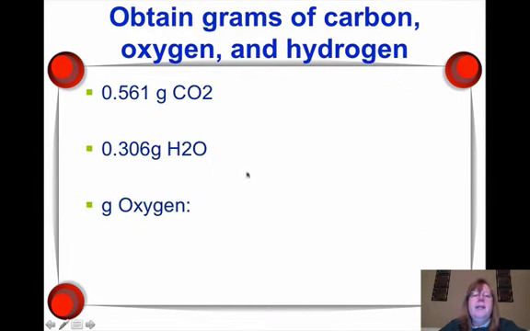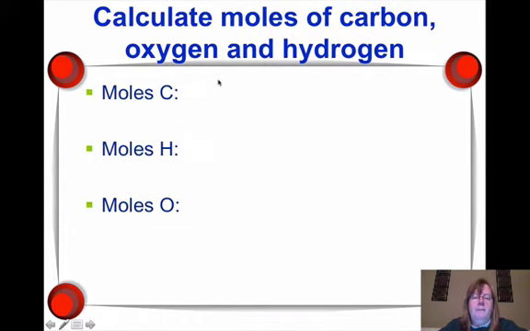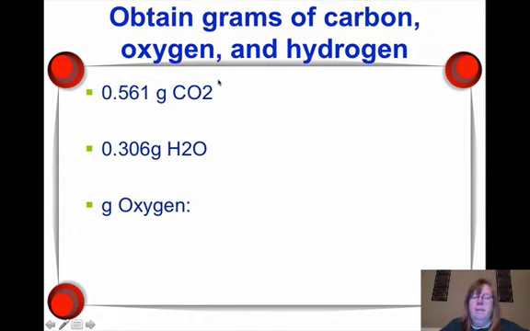The first thing we have to do is get how many grams of carbon were in our original sample. So here's what we're going to do. We're going to take the 0.562 grams of carbon dioxide. The molar mass of CO2 is 44.01 grams, so that's the mass of a mole of carbon dioxide.